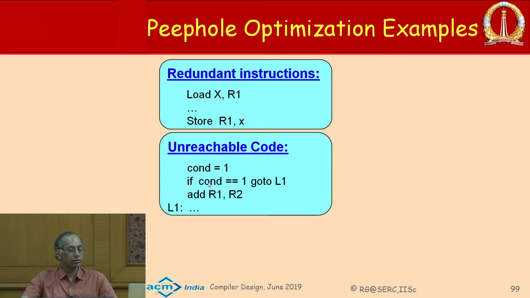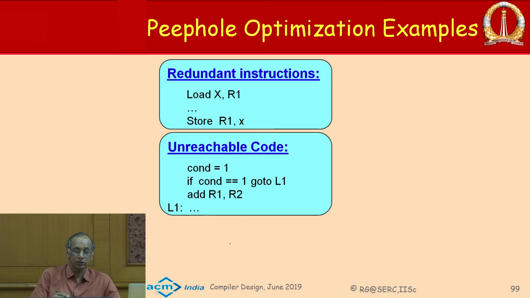So, if you do constant propagation, then this becomes 1 equal to 1, which is always true. That means that you are going to go here. So, this is unreachable code, it can be eliminated, and if this code happens to be just following this, then all of this can be eliminated, right. This condition can be eliminated, this add can be eliminated, and whatever instructions are here, you can actually eliminate all of them as well, because they are all dead code.